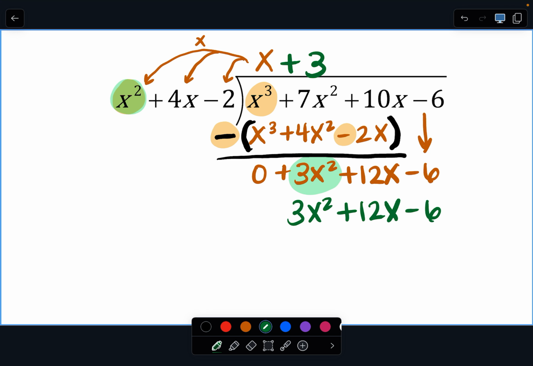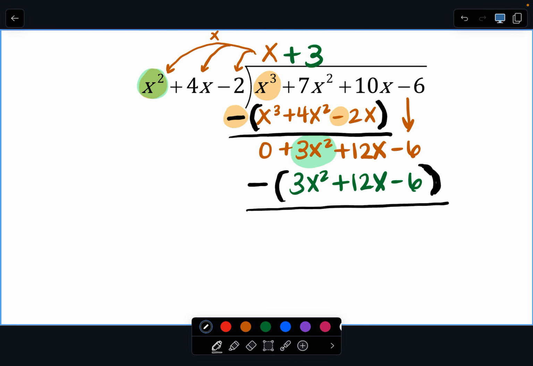So we did the multiplication. Now we go in, and again, I make this like very bold, very big, so I don't forget that I'm subtracting. Most of the time, it's not going to be a big problem. It's going to run into issues when you have those double negatives, and people forget that they need to add. So 3x squared minus 3x squared is 0.